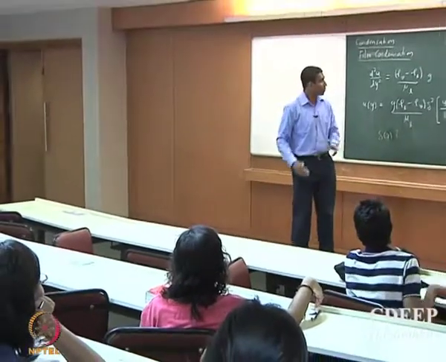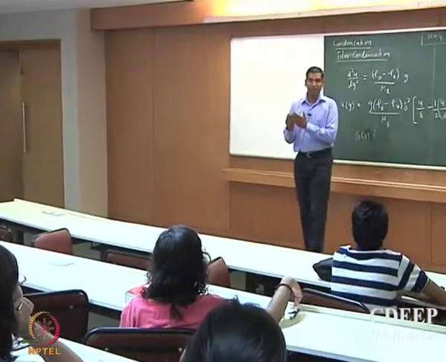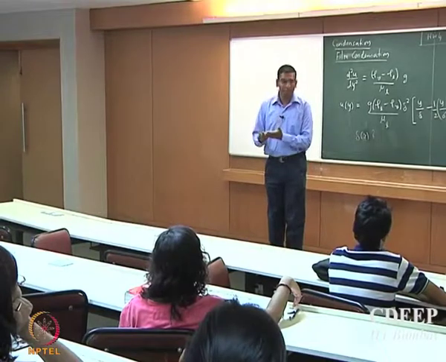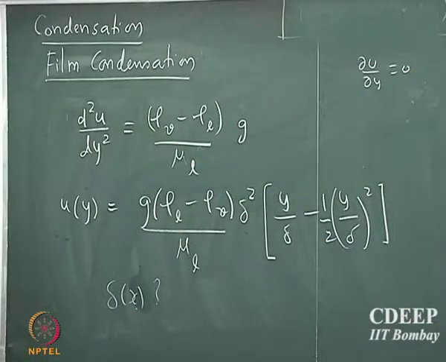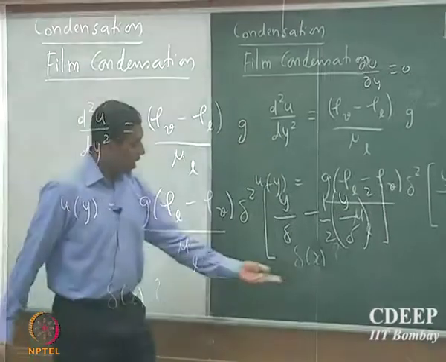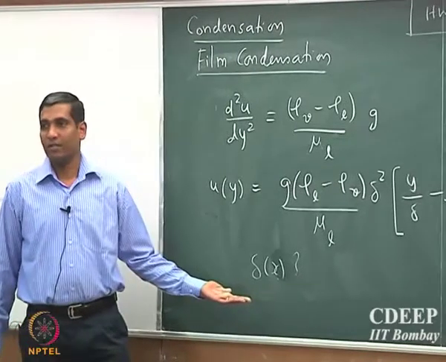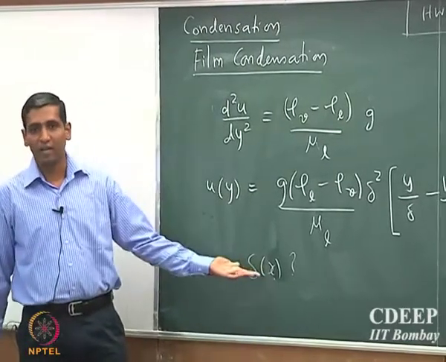That is why you have a definition for the boundary layer. Because the vapor is at 0, this will be the correct boundary condition to use, simply because we are interested in solving the profile inside the boundary layer. How do we find the boundary layer thickness? If we know it, we are done.